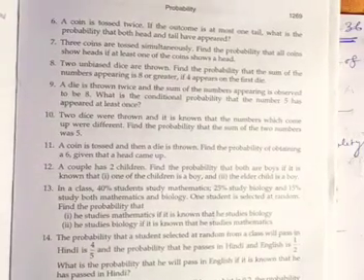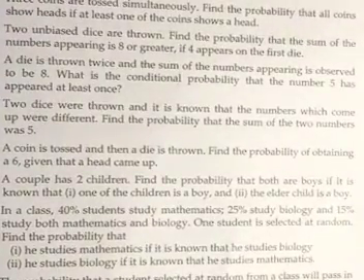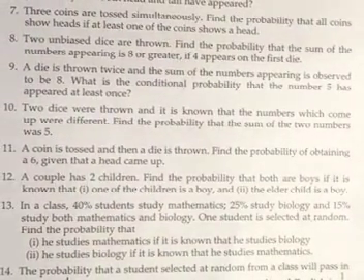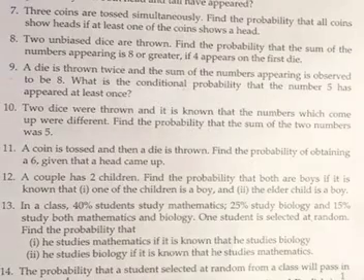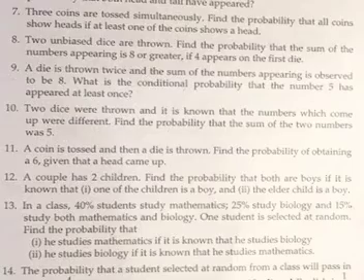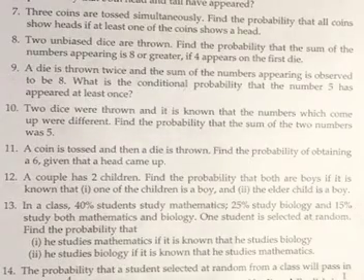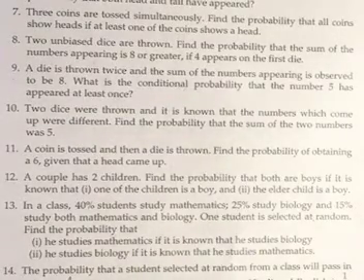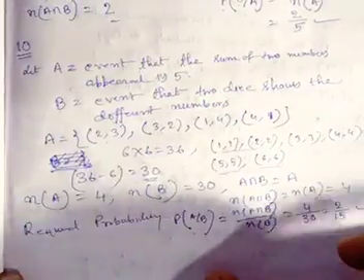Here comes question number 10. You can see from the book, two dice are thrown, and the numbers which come up were different. Find the probability that the sum of the two numbers was 5. Here comes the solution.